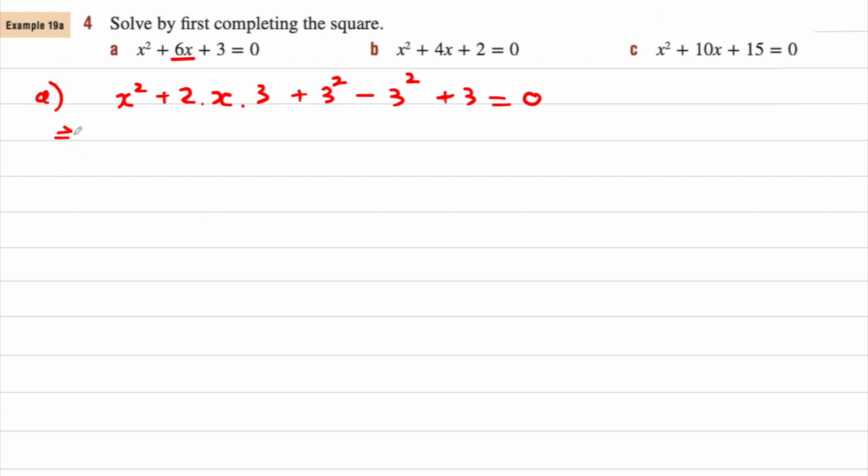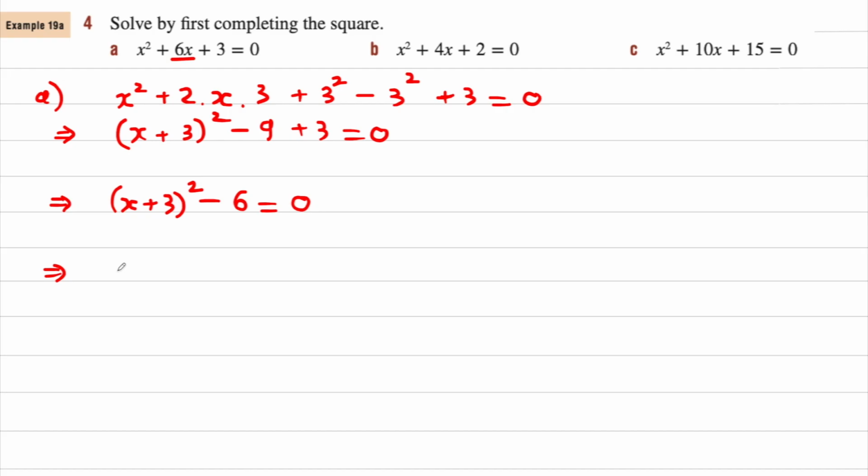And then the next step is quite easy. You got three terms in here, h plus 3, and you got the perfect square, minus 9 plus 3 equal to 0. The next step, h plus 3 squared minus 6 equal to 0. So you got the completing the square form.